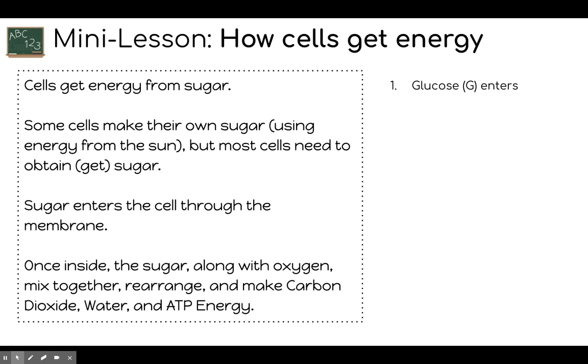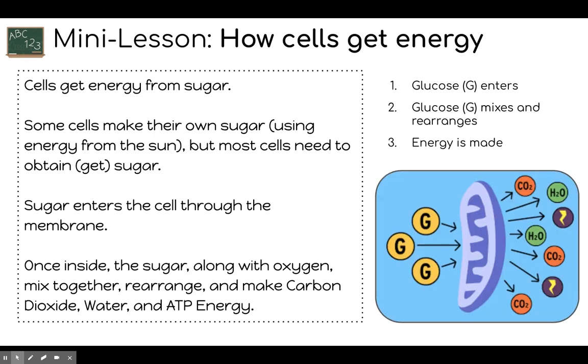So, in a nutshell, glucose enters, glucose mixes and rearranges, most often with oxygen, and voila, energy is made in a special molecule called ATP, as well as carbon dioxide and water. Here's a pretty cool visual. This is showing the glucose entering a part of the cell called the mitochondria, but you can think of that purple thing as just the cell.